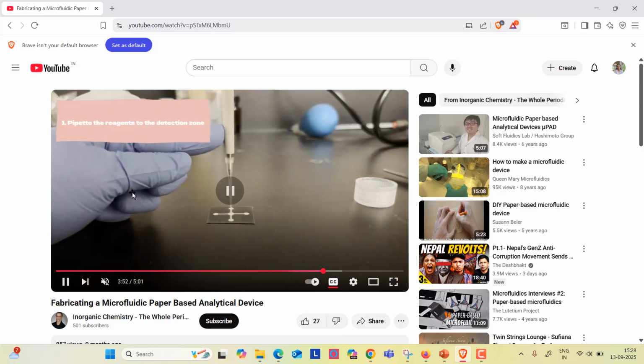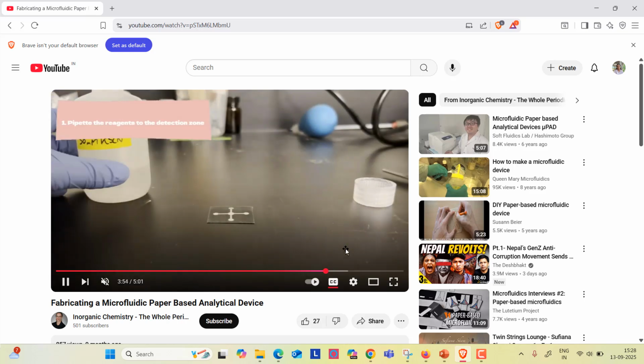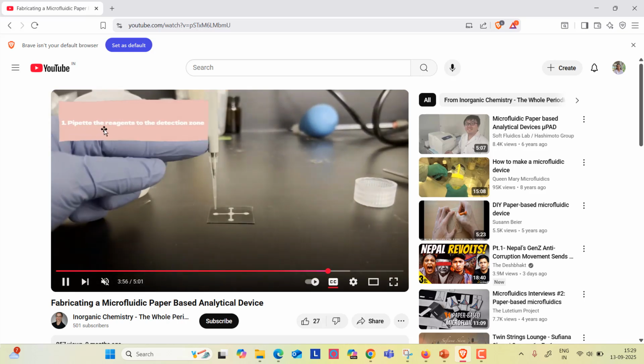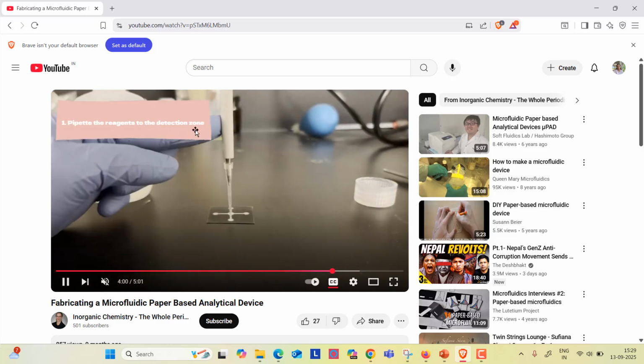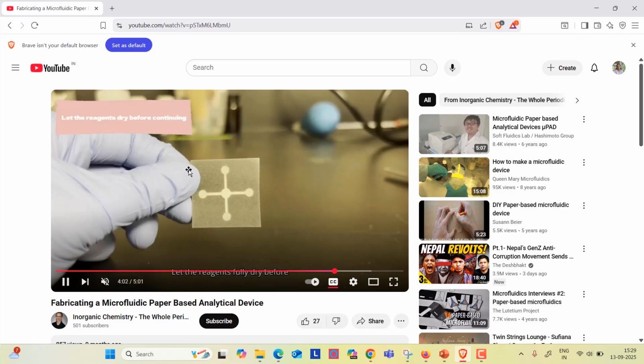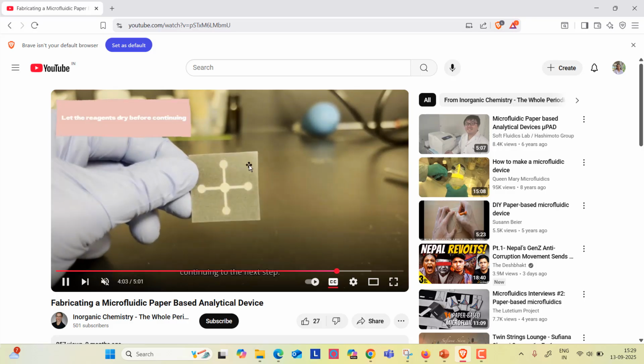Now see how the sample is given. Pipette the reagents to the detection zone. So these are the detection zones, 4 detection zones.